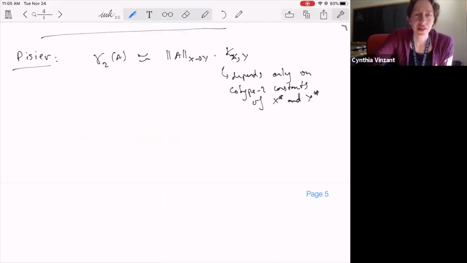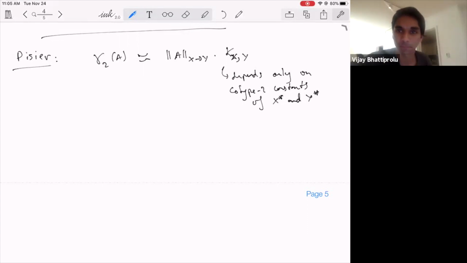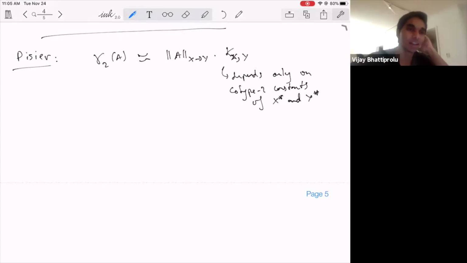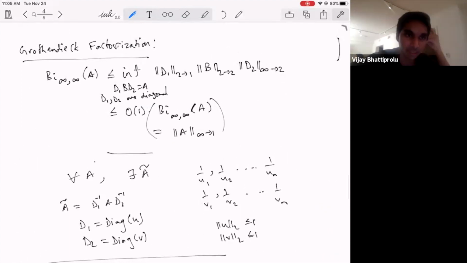Vijay, can you say a word or two about when you have an approximation like this, what are you thinking of as easy to compute, and what is the harder one that you're trying to approximate? Good question. In the Grothendieck setting, it turns out that this factorization norm can be computed exactly, and therefore this immediately gives you an algorithm for approximating the bilinear maximum.